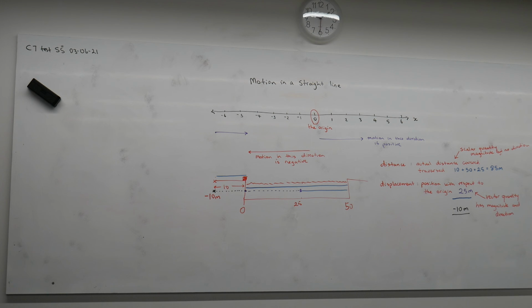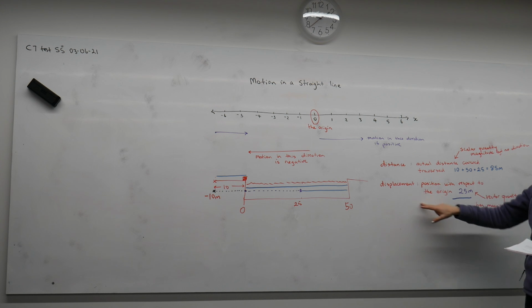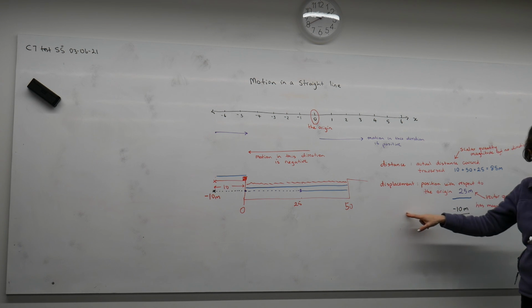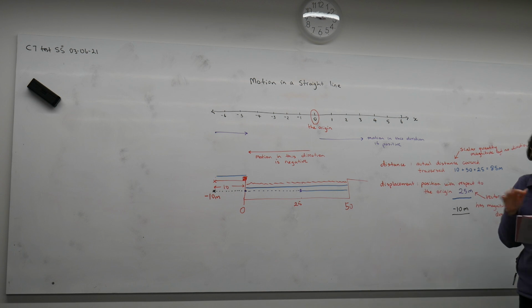Alrighty. And so on page 5 there are some calculations for some different examples of her swimming in the pool, where we've been talking about displacement here. For distance, we just add up how far she travelled. We've talked a little bit about scalar and vector, in that scalar has a magnitude but no direction.